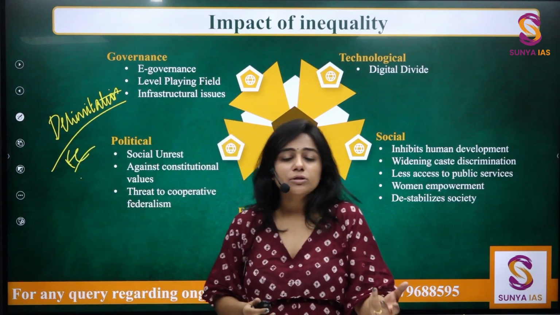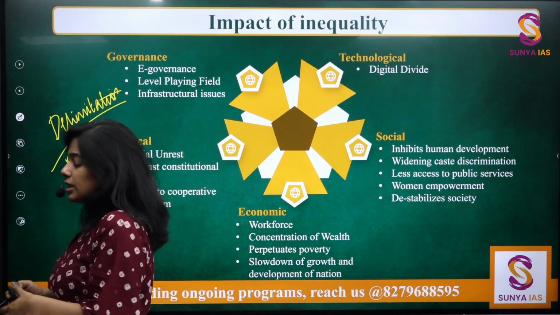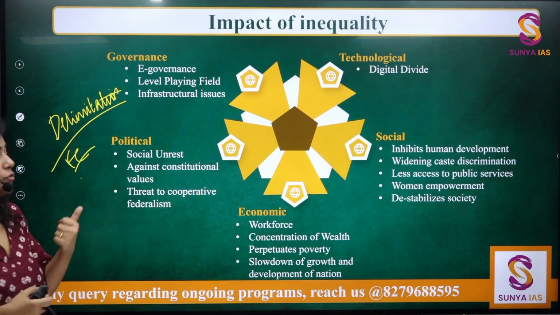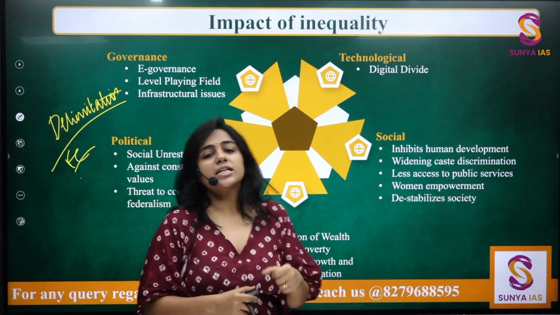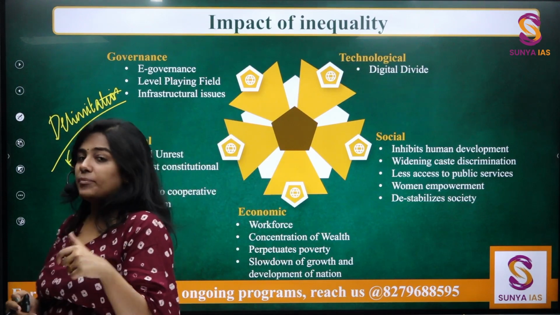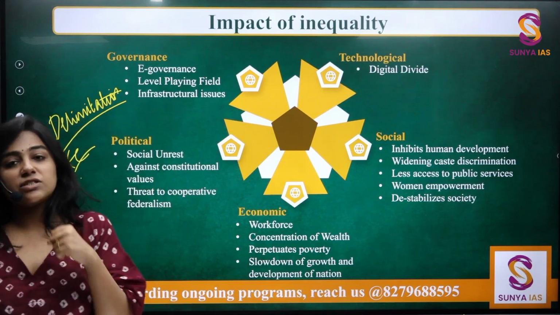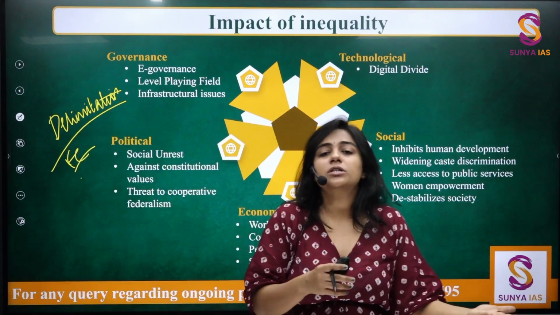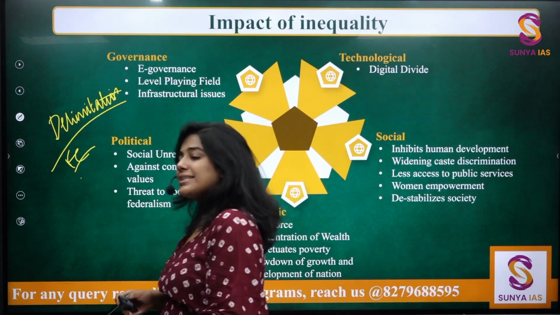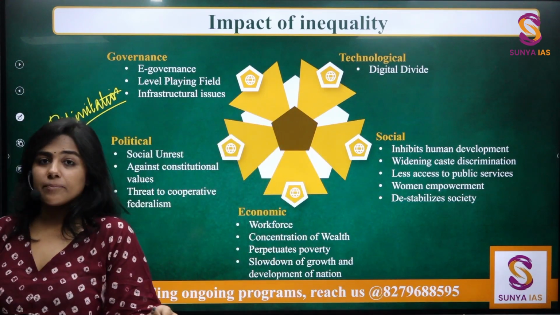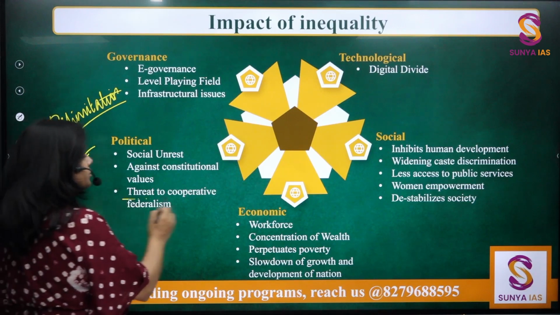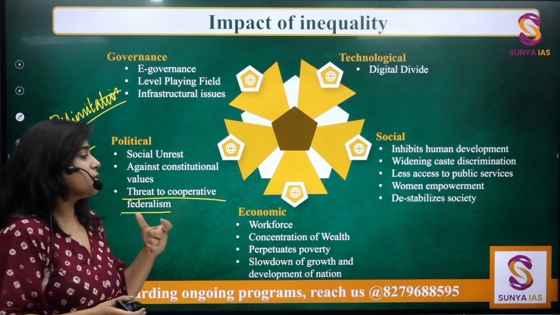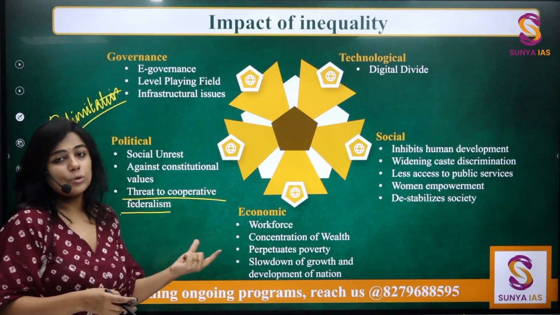We are talking about the fact that there is going to be an overarching representation of North Indian states, and the South Indian states will suffer because they have been successful in population control and they have been providing more revenue to the government also, but they will not be getting that much revenue. So that is problematic, right? And ultimately it will be a threat to cooperative federalism. So if there is a lot of income inequality in India, it will ultimately impact cooperative federalism also.